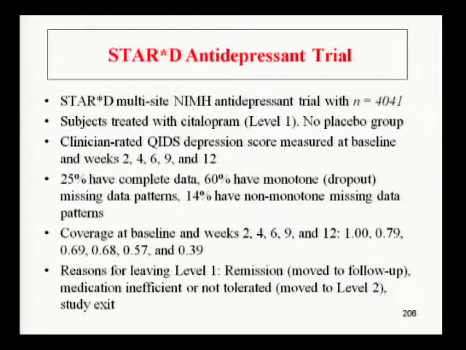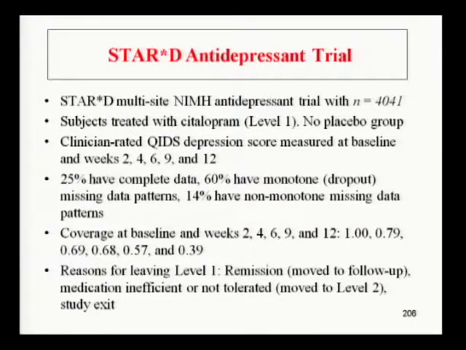Now, some of the reasons for disappearing from this level 1 are more or less under the control of the experimenters. One reason is remission. They're moved to follow-up. Remission meaning, simply put, they're being cured, and they move to just being observed, but no further action is taken. That is, they have been cured, and they could be removed from the study after a couple of weeks.